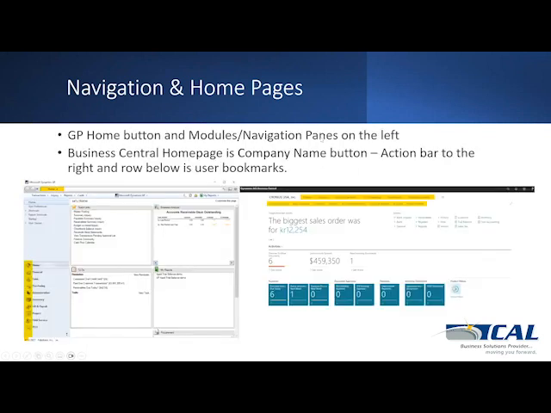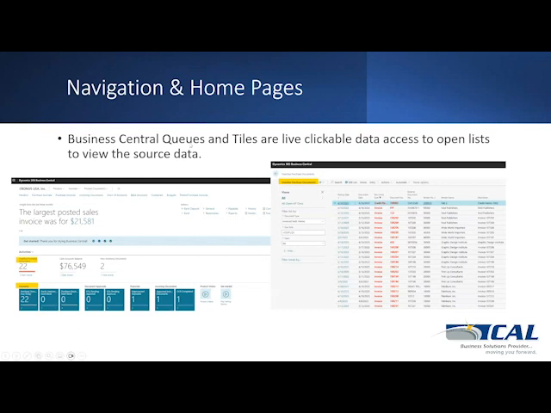So GP Home, right? We've got our navigation lists, our home pages, and Business Analyzer, and in Business Central we've got some similarities, just a little bit different way to navigate, right? Business Central uses queues and tiles, and these tiles are actual live data, unlike GP.